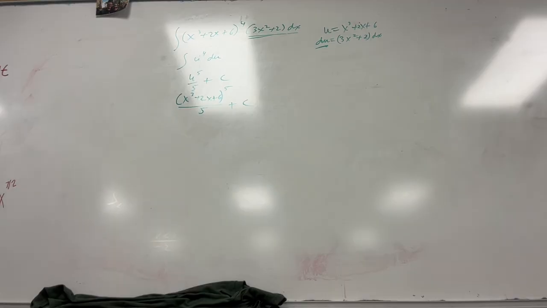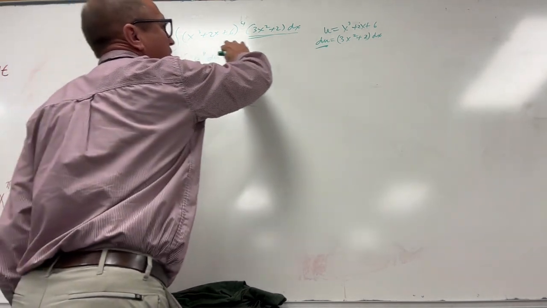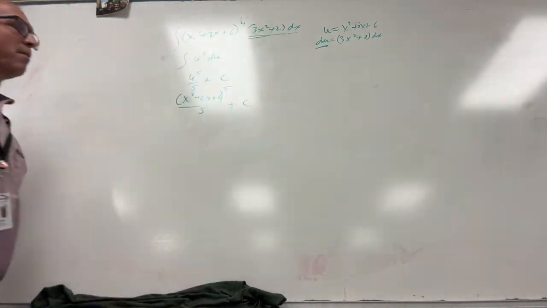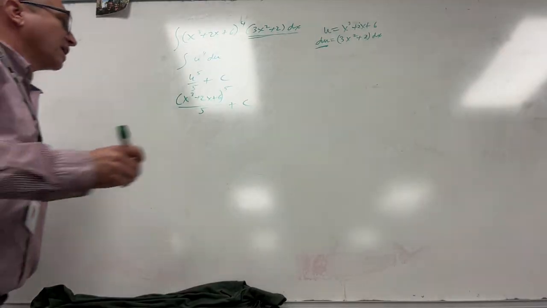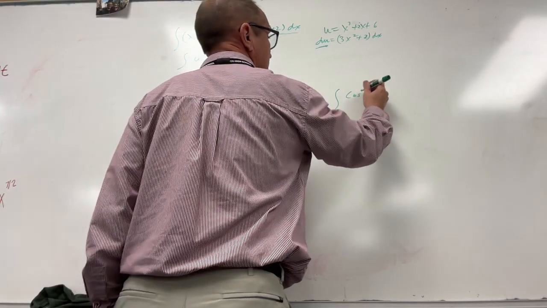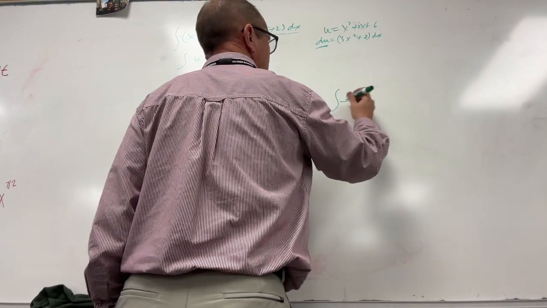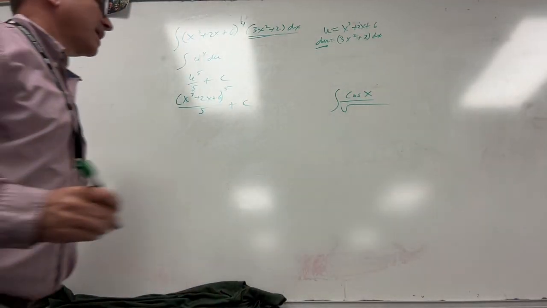All right, now we're going to get into one that is not going to be set up in this form right here. So we're going to go with the cosine of x over the square root of 1 plus sine x.